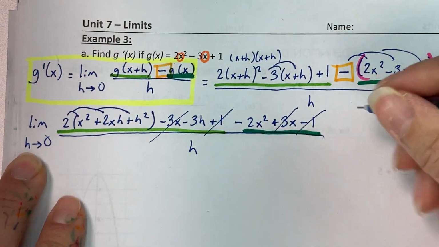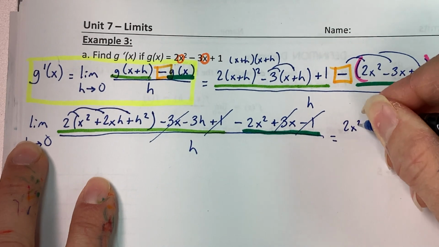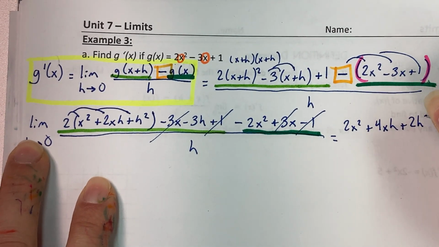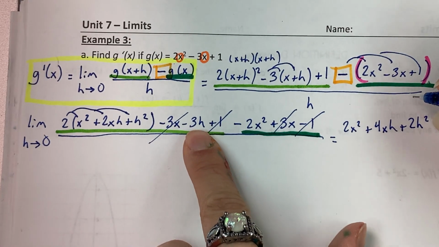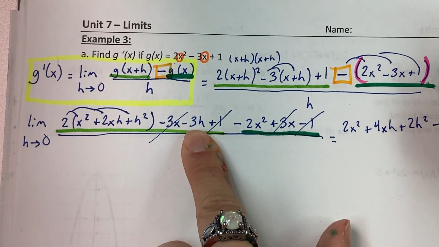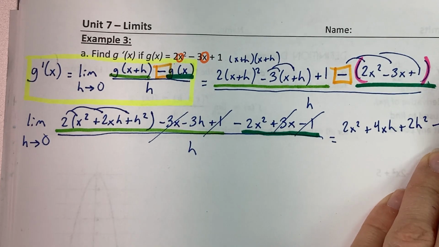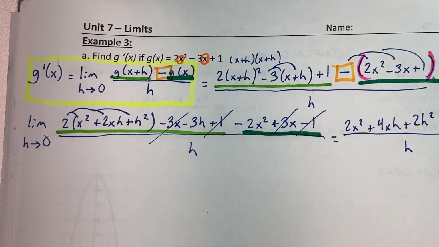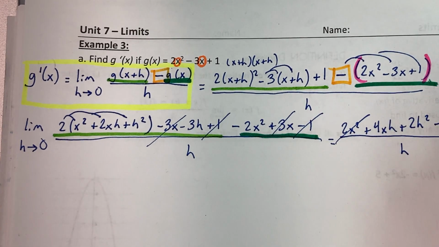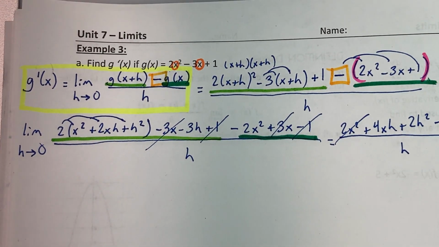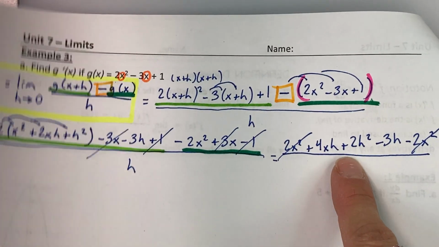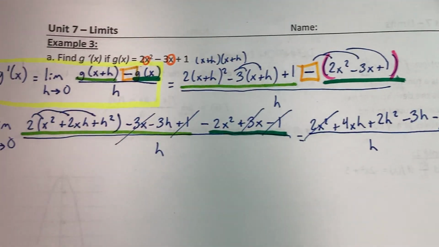So distributing that 2 in, we get 2x squared plus 4xh plus 2h squared, and then we've got our minus 3h, and then minus 2x squared, all over h. And ta-da! 2x squared and negative 2x squared cancel each other out, and I am indeed left with an expression that I can factor an h out of everybody.